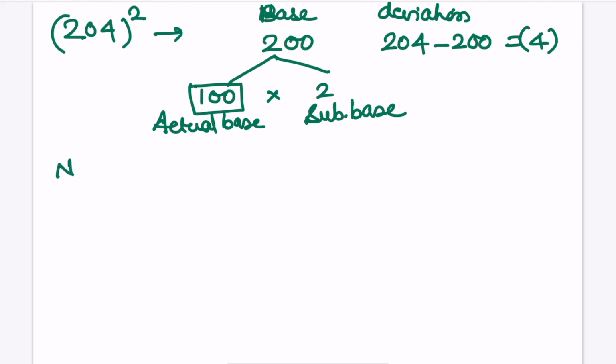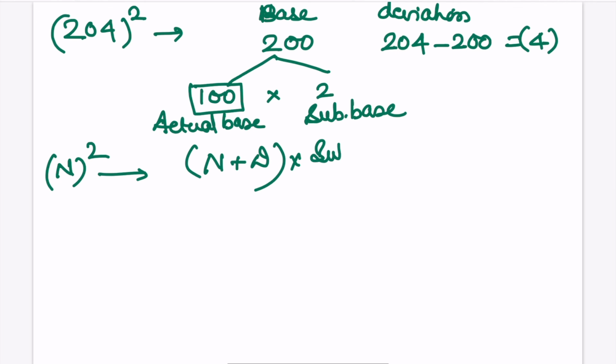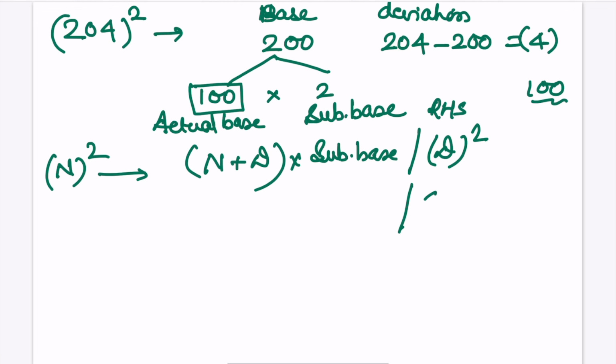Now using the formula number square equal to number plus deviation into the sub base and the deviation square. Now the base is 100, so we'll keep RHS as 2 digits. 4 square I'll write as 16.